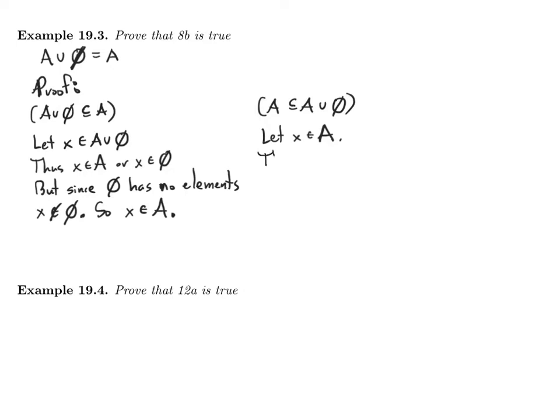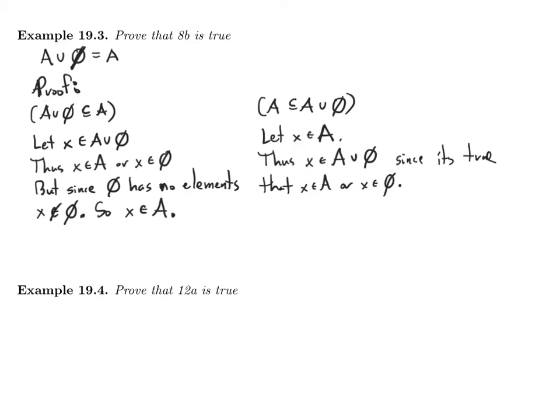So thus, X is in A union the empty set, since it's true that X is in A or X is in the empty set.